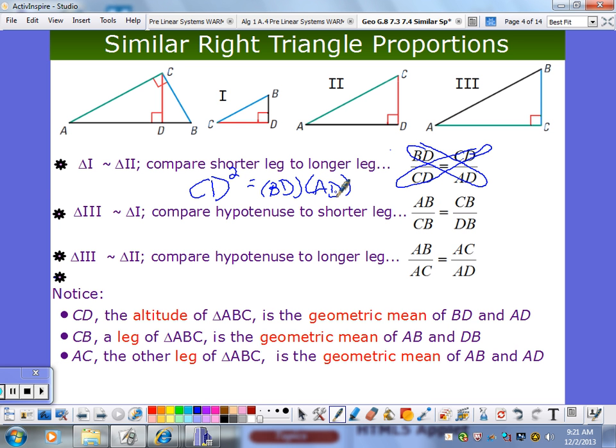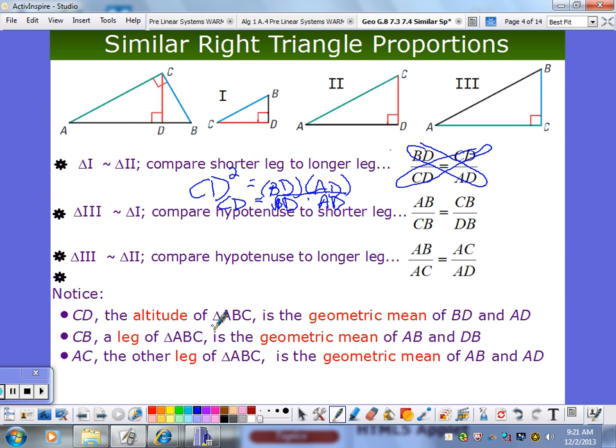Cross products. So take the square root of both sides. What's CD? It's the square root of BD times AD. Isn't that geometric mean? Multiply 2 things, take the square root. So this statement says that CD, this guy right here, is the geometric mean of BD, this piece, and AD, this piece.